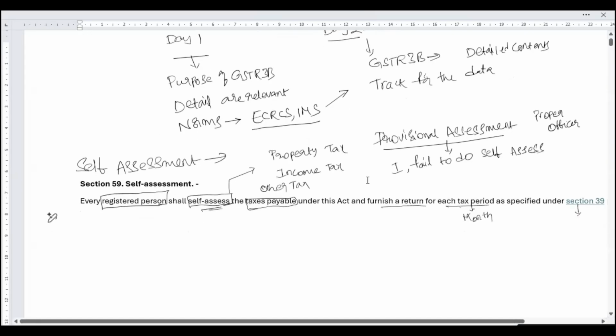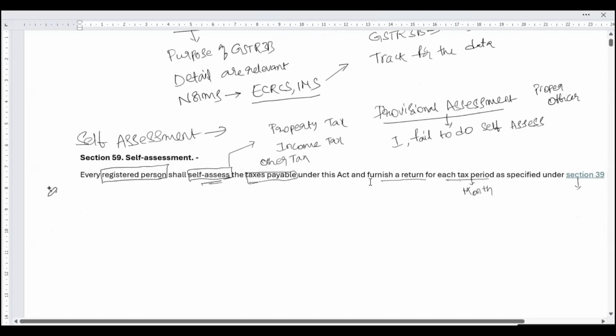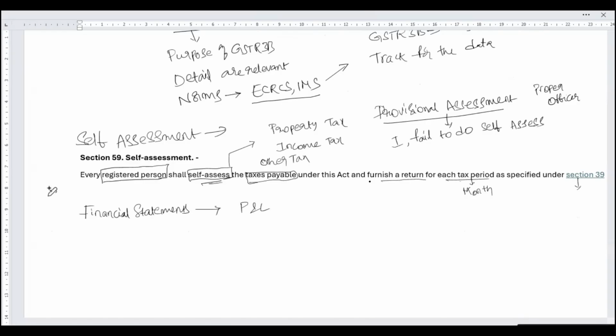Now, I'll give a simple example before I come to this term called return. When someone talks about financial statements, financial statements include profit and loss account, balance sheet, notes to accounts. This is your financial statements.